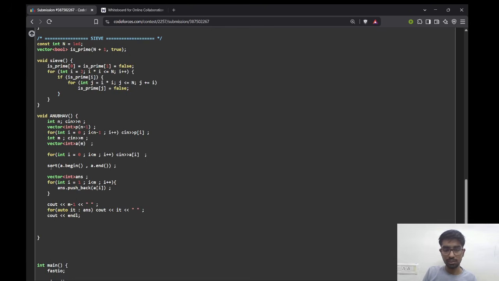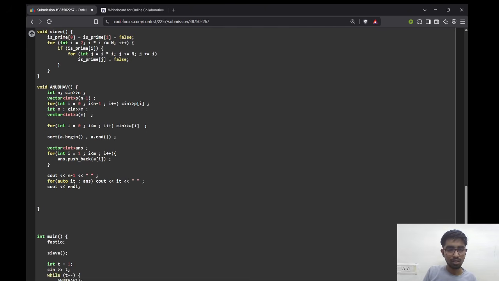First we have sorted the junctions, and after that I have created the answer vector in which I have pushed all the values except the first value, the smallest one. We put M minus one junctions because we are applying M minus one cameras on the larger ones, except the first one. And after that, I print all the values of the nodes present in my answer array.